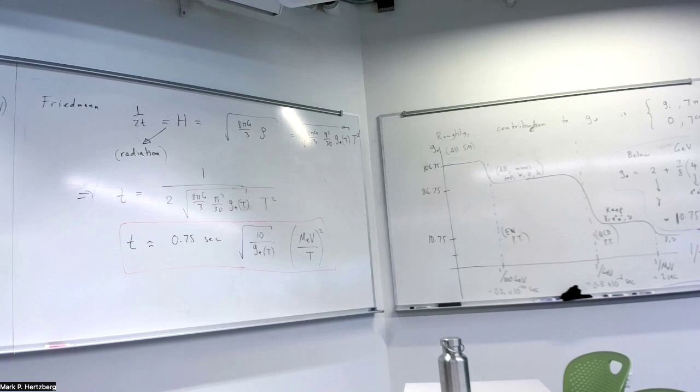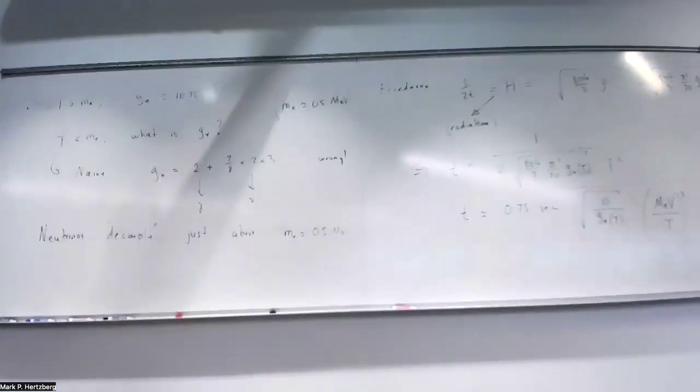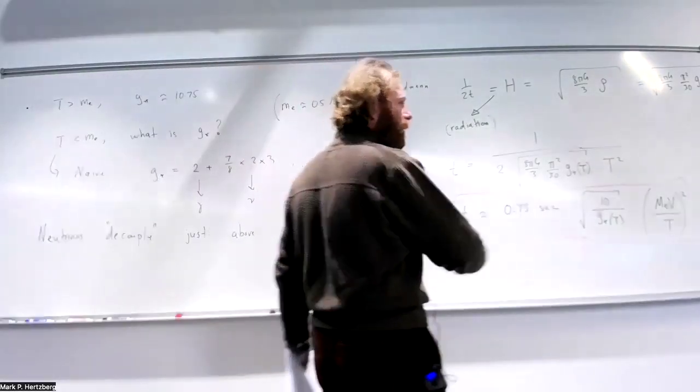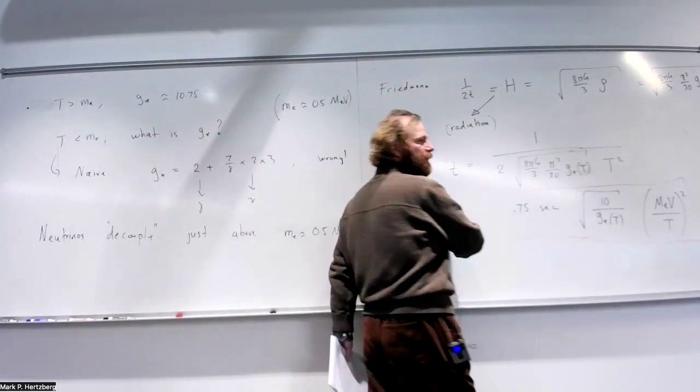Okay, so what does this decoupling mean? That is to say, below this MeV, neutrinos are not actually in thermal equilibrium with the photons or the electrons.